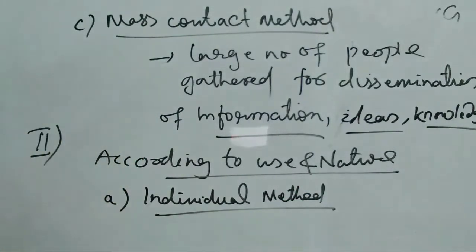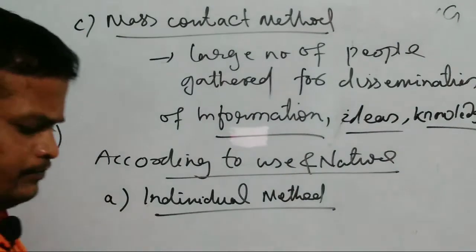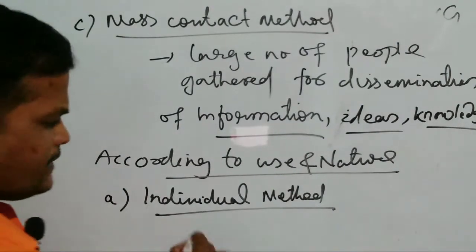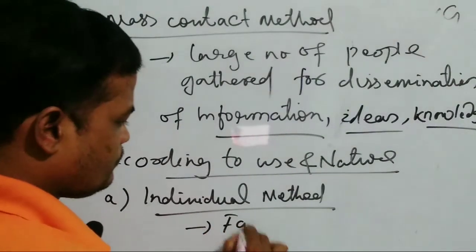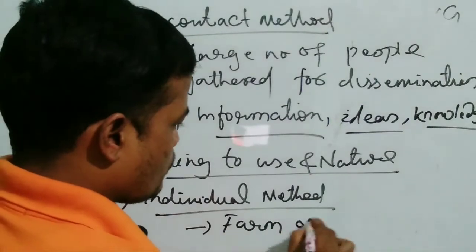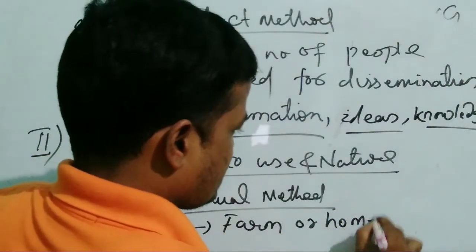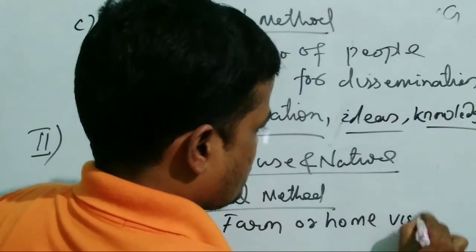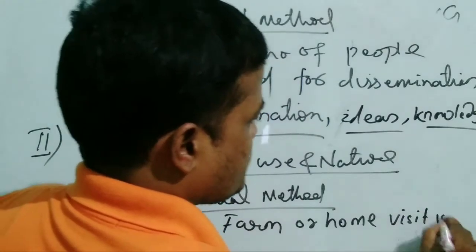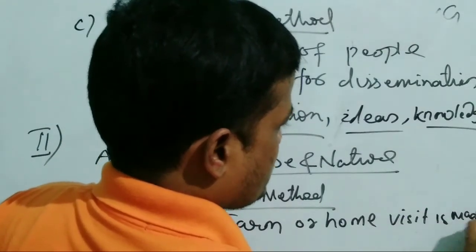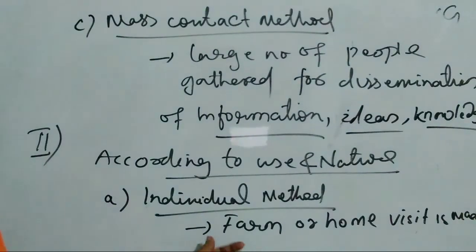In this method, friends, what happens? Farm or home visits are made. Contact is from individual to individual, from door to door, from farm to farm.